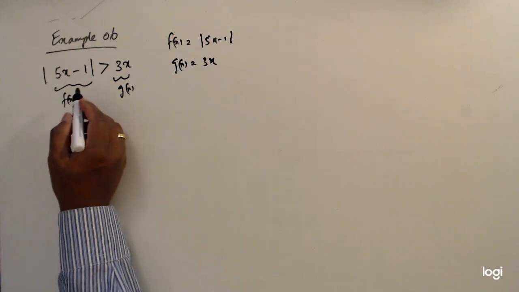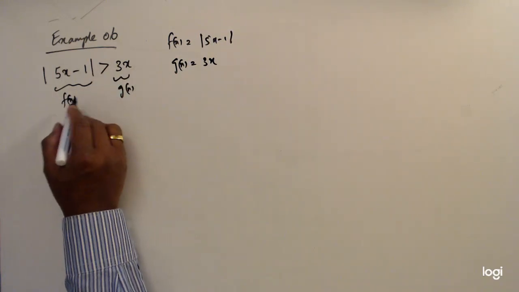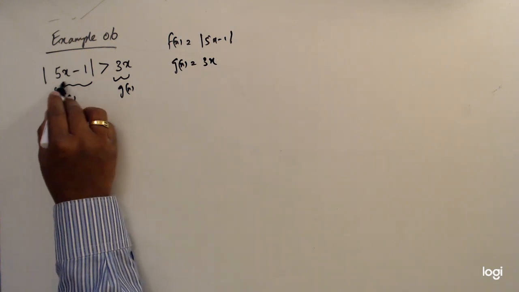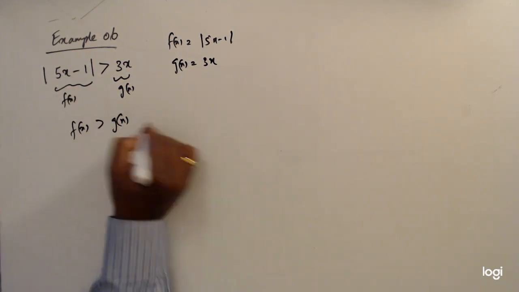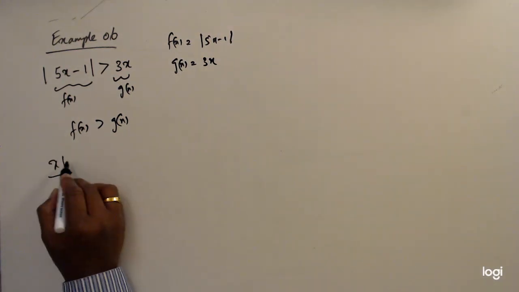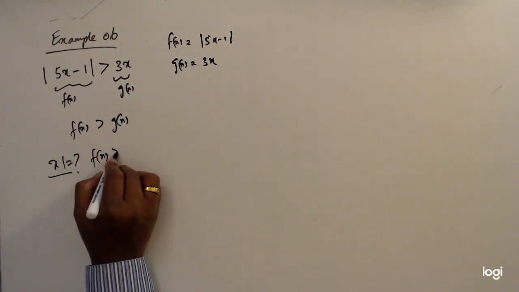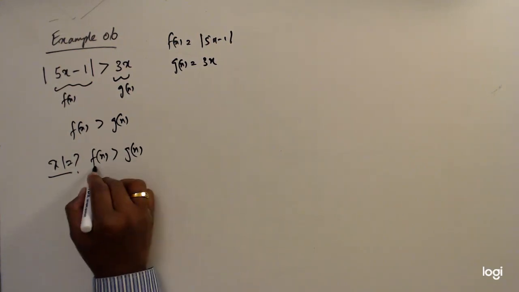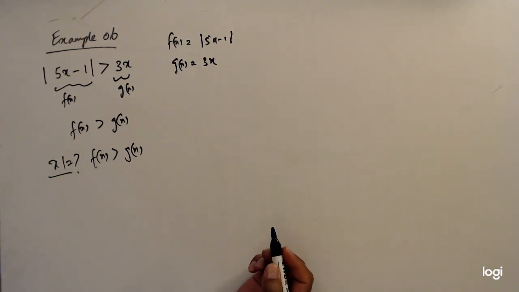If I write in terms of y values, this inequality is fx greater than gx. Now we need to find the x values where all the f values are greater than the g values.